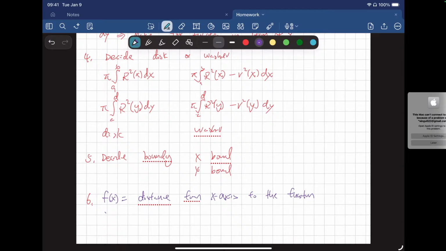So if you have f of y, that's going to be the distance from the y-axis to the function.